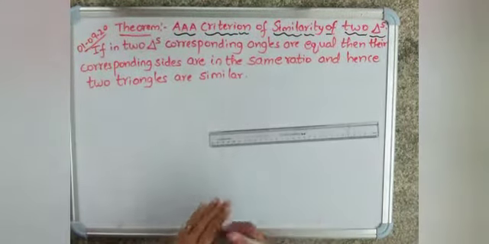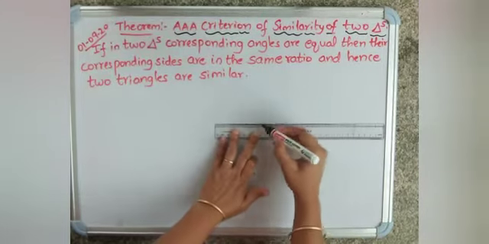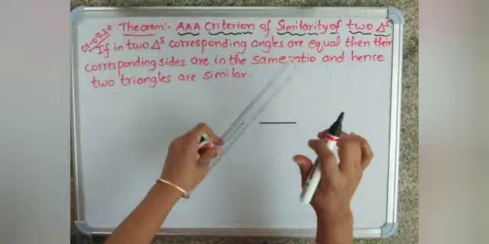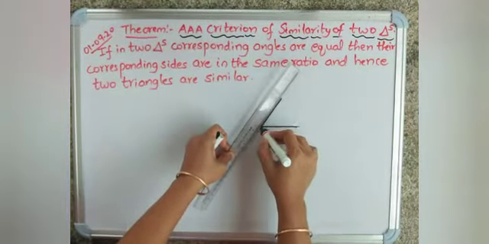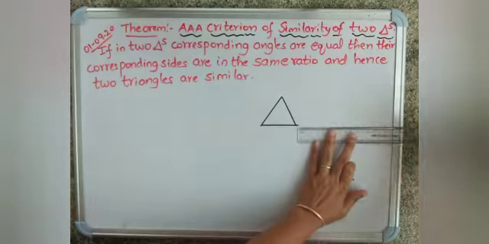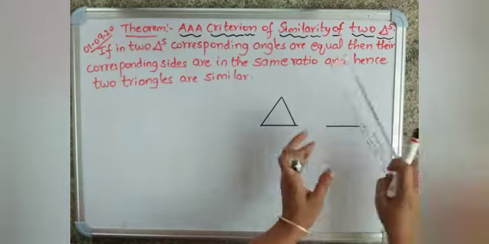So what is given? Let's draw. Two triangles are given. So I'll name those triangles as triangle ABC and triangle DEF.